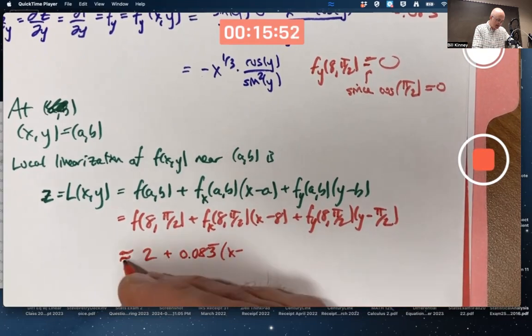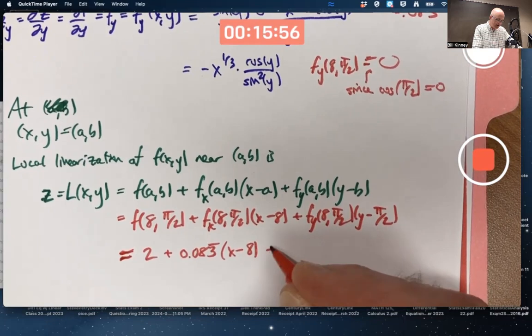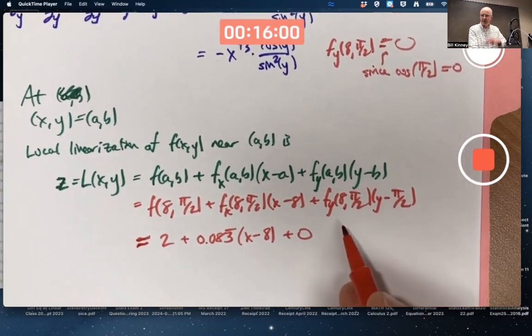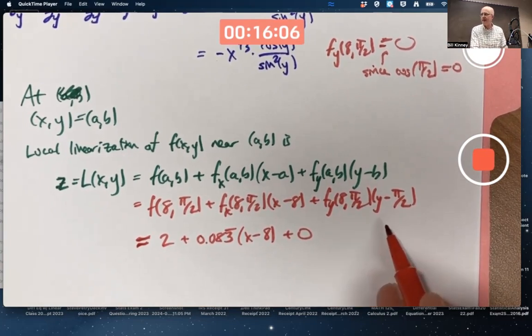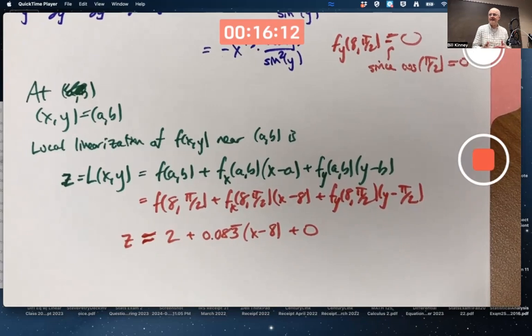I guess if I do the repeating symbol, it's exactly equal to. Plus 0. I got 0 there for the partial with respect to y, but it could have been something non-zero, and then I'd have to take that into account. This is the equation of the tangent plane. In general, it depends on both x and y. For this example, it only depends on x.